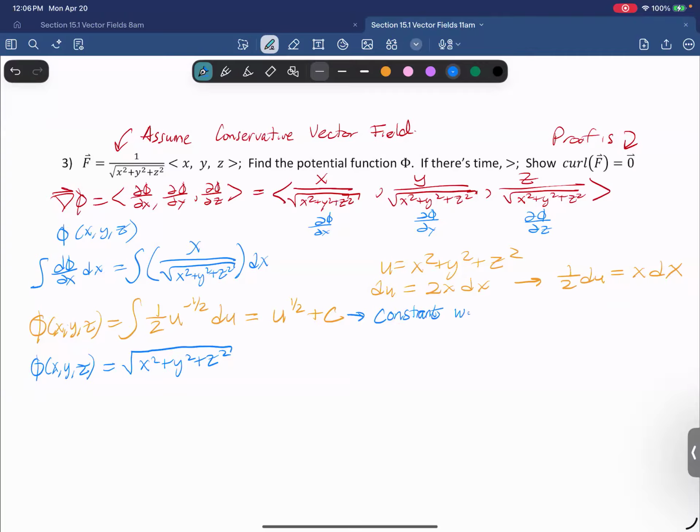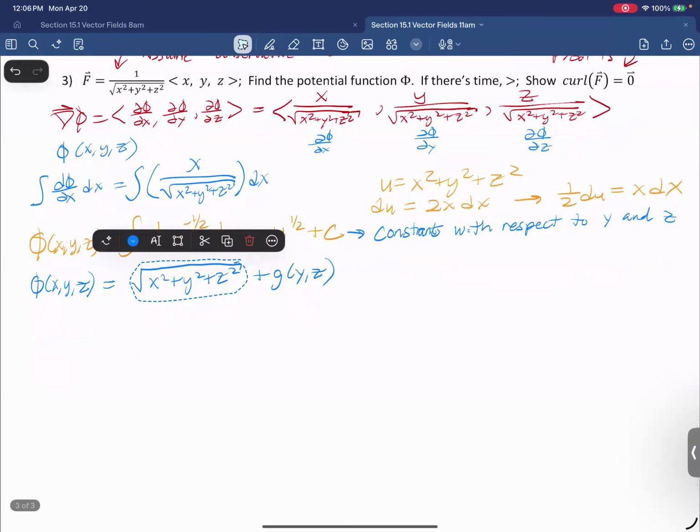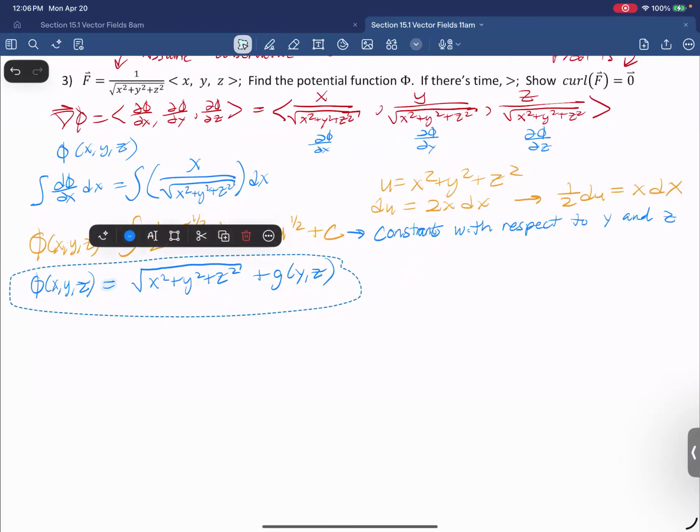Because this was a function with 3 variables, maybe I'll write g of y, z.